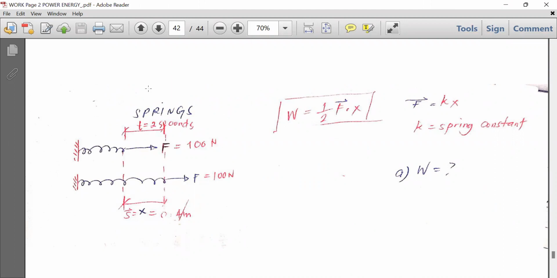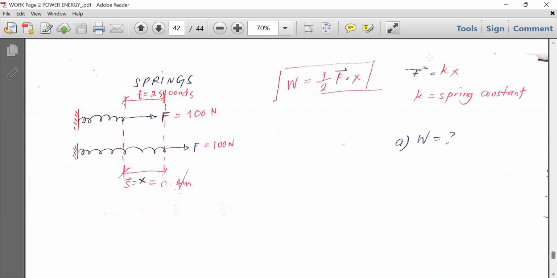It took 2 seconds to stretch the spring, and it elongates by a distance of 0.4 meters.